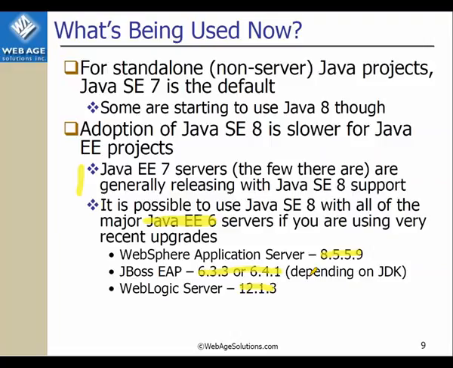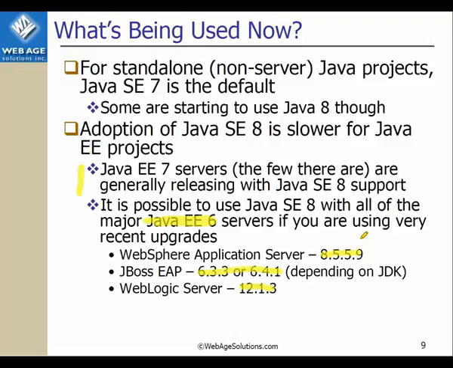You have to make sure that you're compiling and checking your code against the new version of Java. Remember, a lot of these Java EE 6 servers first released with Java SE 6. So this is really a couple of versions of Java that you can now upgrade underneath the covers of a Java EE 6 server. And a lot of clients decide on their own whether that's something they want to do or not.